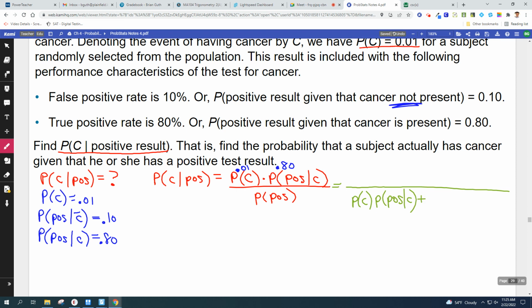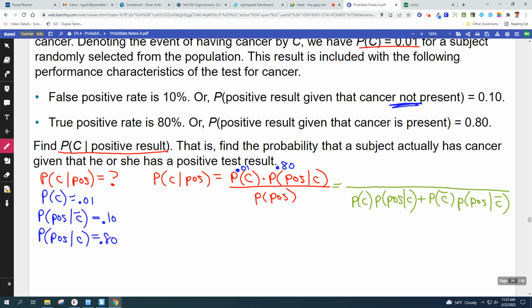And we're talking about the probability of being positive. So the only other case is if you don't have cancer, find the probability of positive given you don't have cancer. Can you guys see that okay? That green's kind of difficult to see. You guys all right?